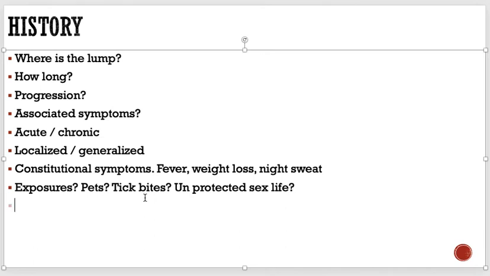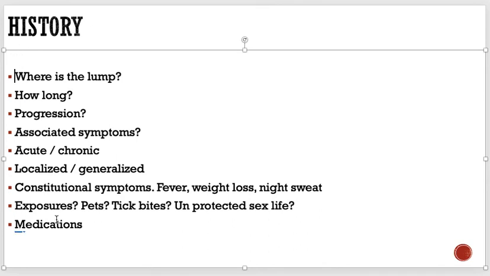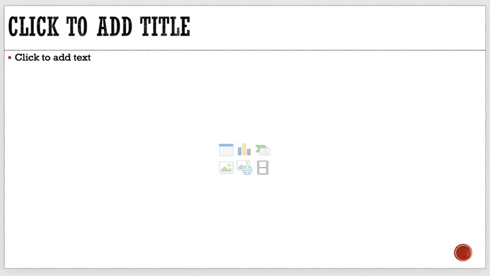So yes, very important, ask about medications, because medications can also cause lymphadenopathy. The rest, I'm not saying we don't have to ask other history: travel history, allergy history, family history, social history, we will ask everything.